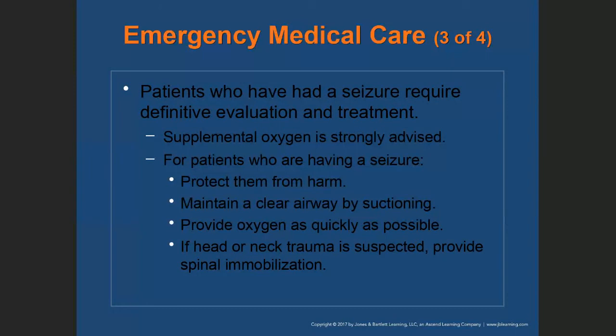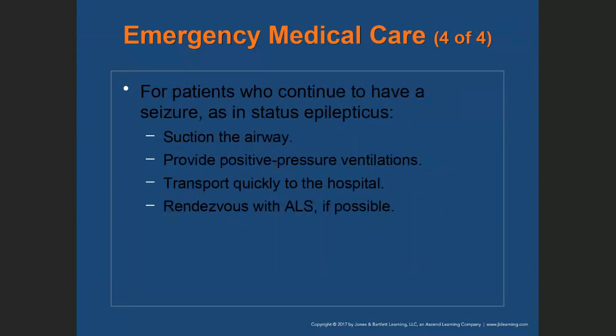For patients who are having a seizure, protect them from harm, maintain a clear airway by suctioning, and provide oxygen as quickly as possible. If head or neck trauma is suspected, then you need to consider spinal motion restriction.